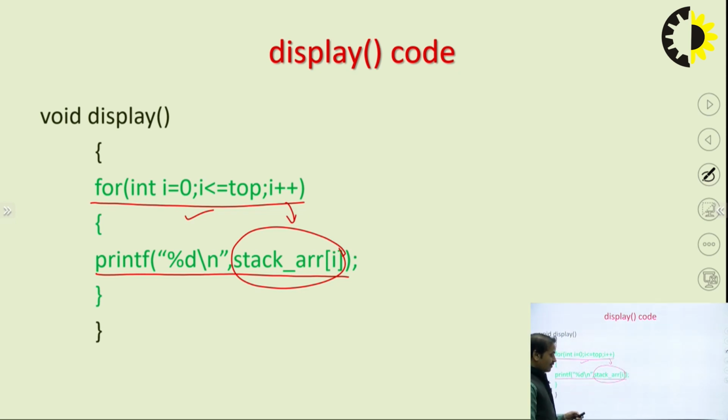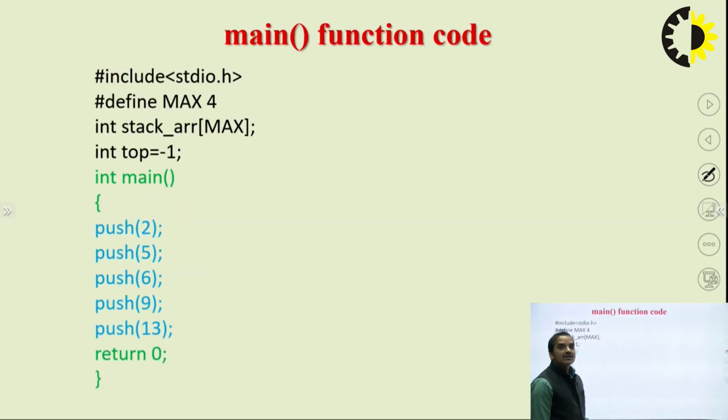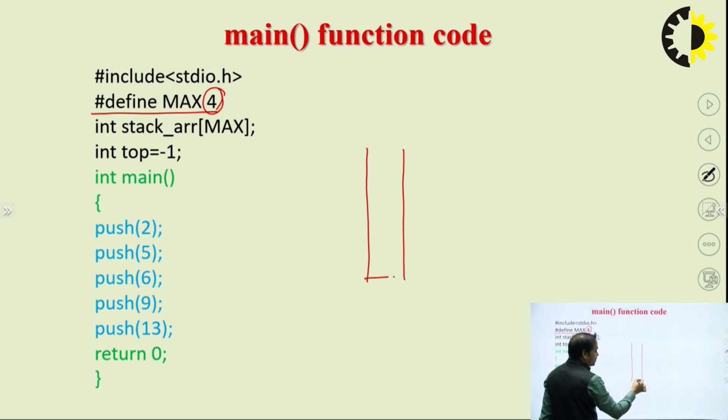Now we want to show the main function of this code. It has hash include stdio.h and hash define max 4. That means the size of the stack is 4. This is the structure of your stack.